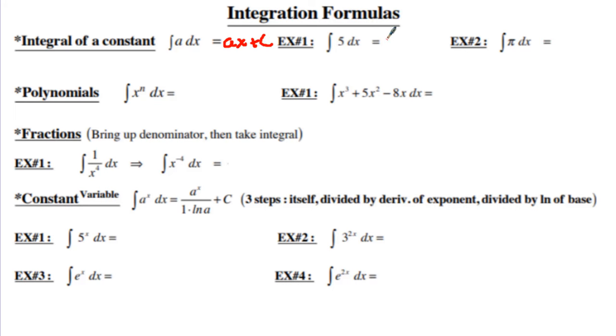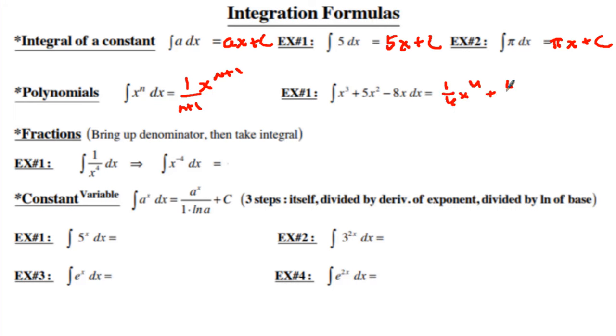If we integrate 5, that gives me 5x plus c. If it's pi, it's pi x plus c. Don't forget your c. If I have a polynomial, what am I going to do? That x to the n is going to become x to the n plus 1. We're going to raise it up, and what we put in front of that is 1 over n plus 1, whatever that is. And so you can see that x cubed is going to be 1/4 x to the 4th.